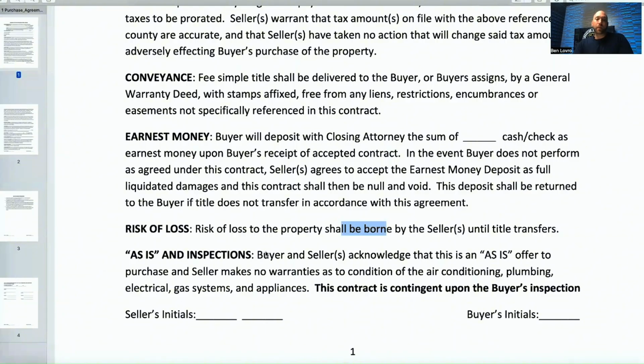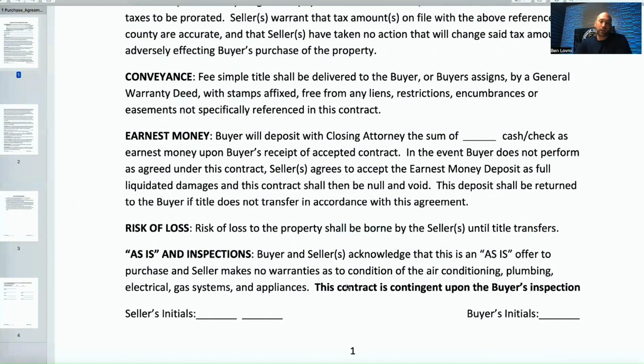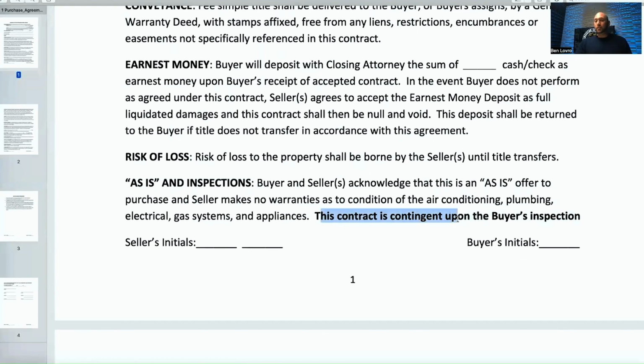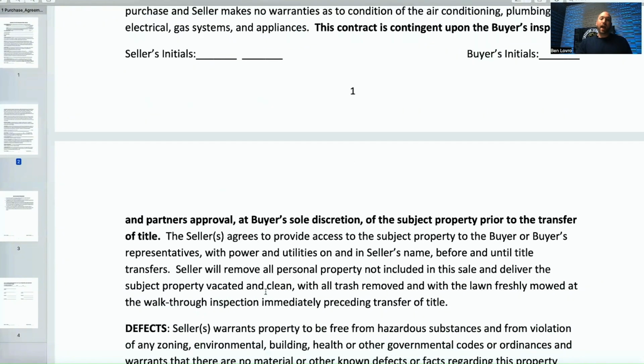As-is and inspections is really the safety net inside of this contract, and we really like to lean into it. We acknowledge, seller and buyer, this is an as-is purchase. Seller makes no warranties as to the condition of the AC or anything else attached to the property. This contract is contingent upon buyer's inspection and partner's approval at buyer's sole discretion, right?